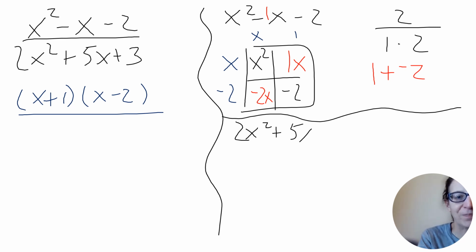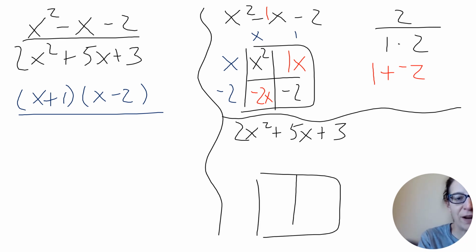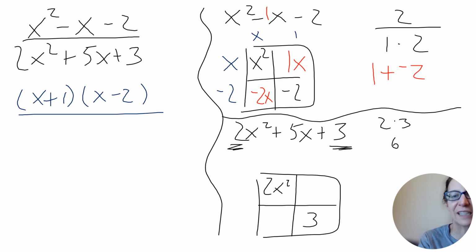So we have 2x squared plus 5x plus 3, and we'll set up our area model. We're going to have 2x squared, or you could do a 2x cubed. Don't do that. Don't make it a cubic. And we have the 3, and then this is one that has the leading coefficient, so we have to do 2 times 3 to get 6. And now we're looking for 2 factors of 6 that add up to 5.